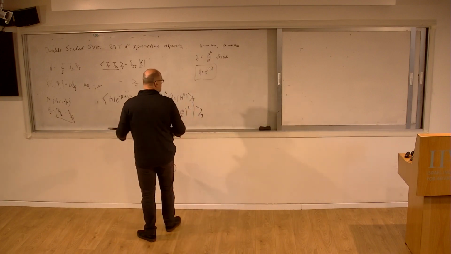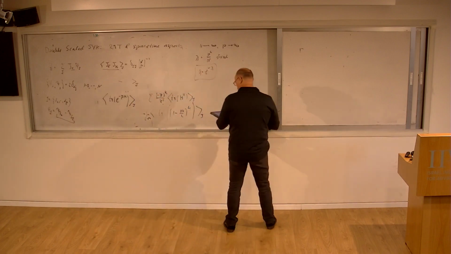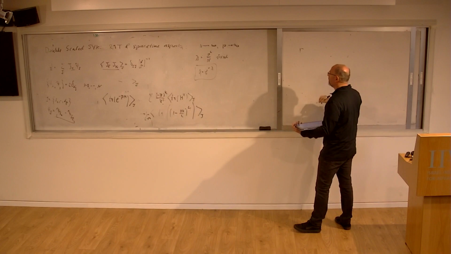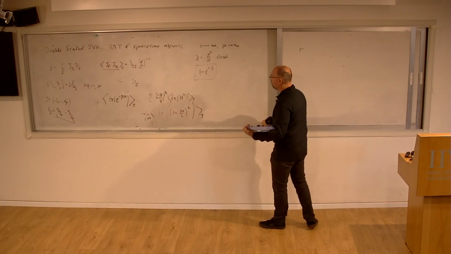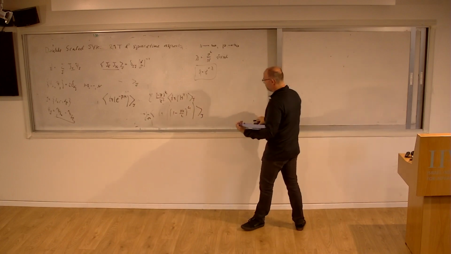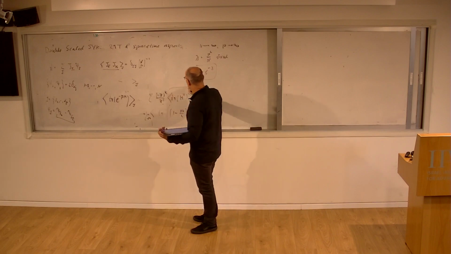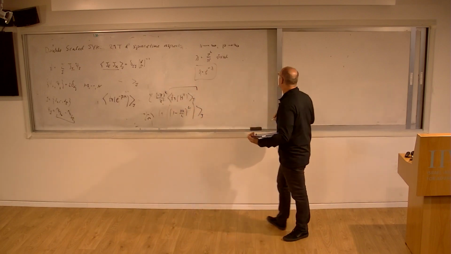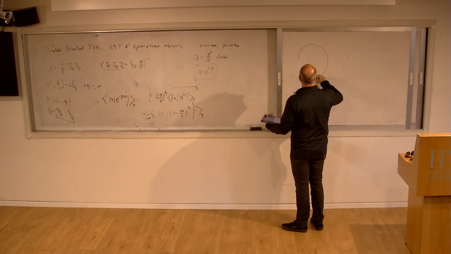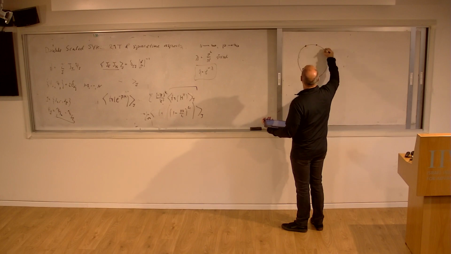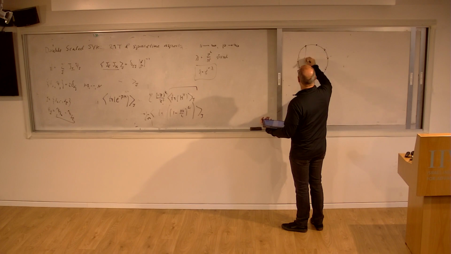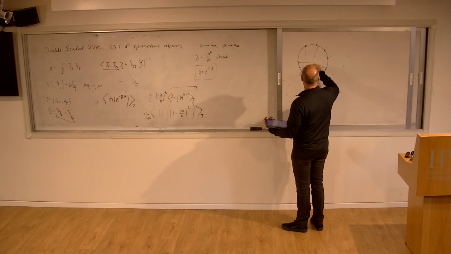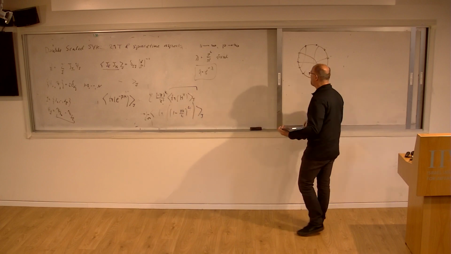Okay, so the way this is evaluated, if you remember from Ahmed's talk, is using chord diagrams. So suppose I give you this kind of a monomial, then you draw a circle, and you pair the points. Something like this.